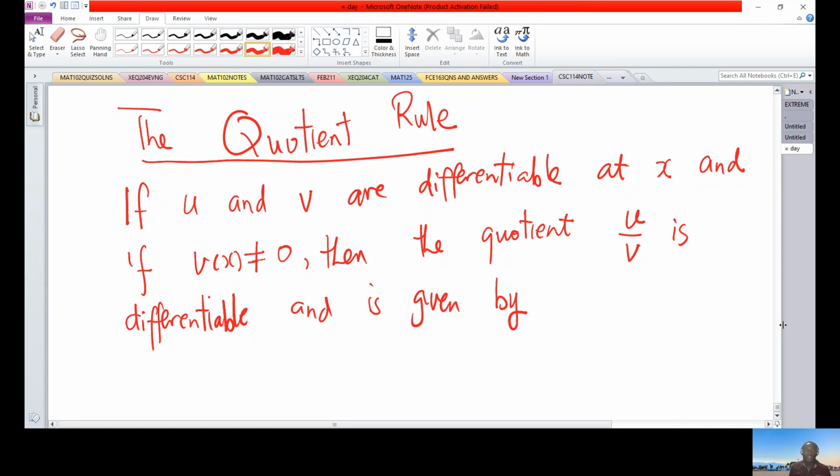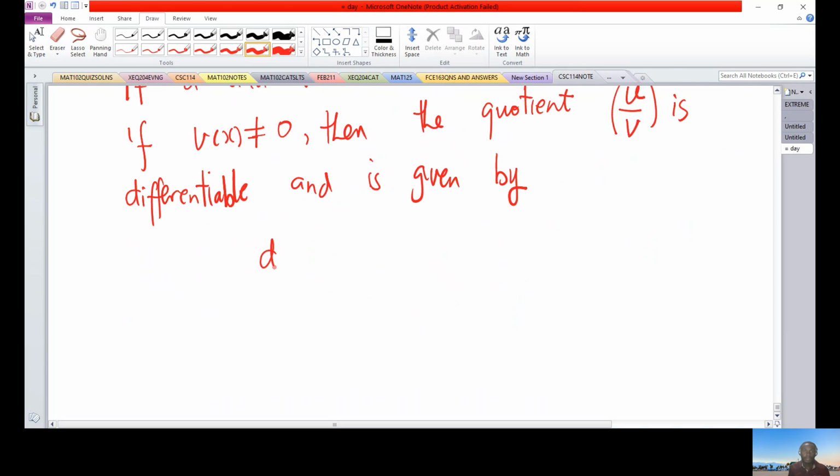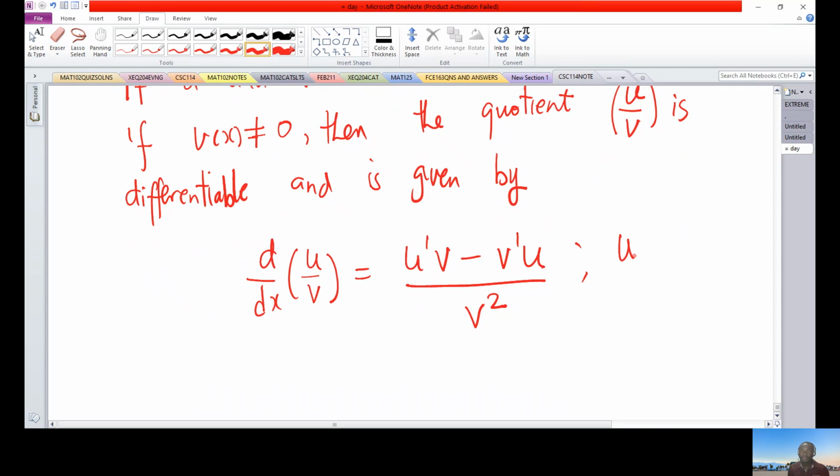If u and v are differentiable functions of x, and if v of x is not 0, then the quotient u over v is also differentiable and is given by d/dx of u over v equals u prime v minus v prime u over v squared, where u prime means du/dx and v prime means dv/dx, and v is not 0 as given.